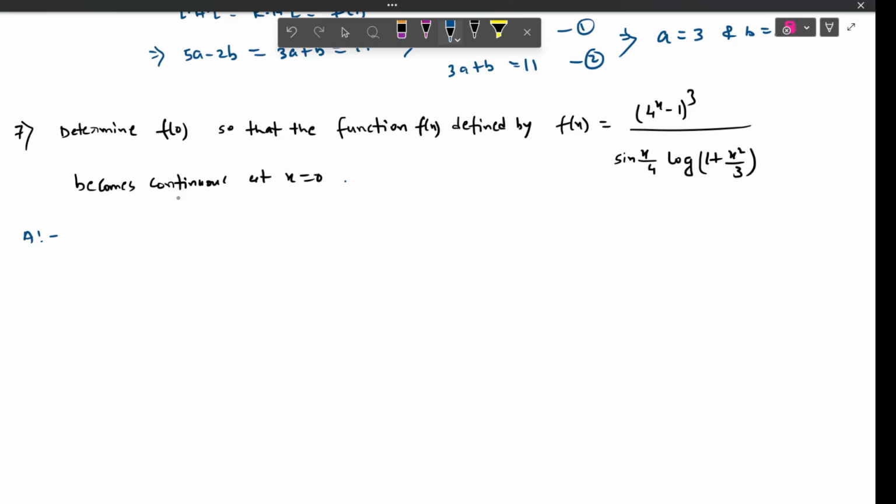So in order to be continuous, we know that limit x tends to 0, f of x should be equal to the value of the function, that is f of 0, right? Now let's find out this thing. This implies limit x tends to 0, f of x is this.